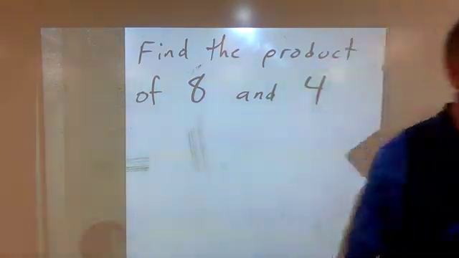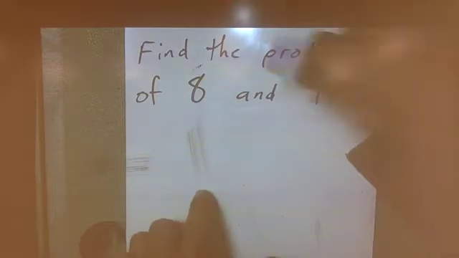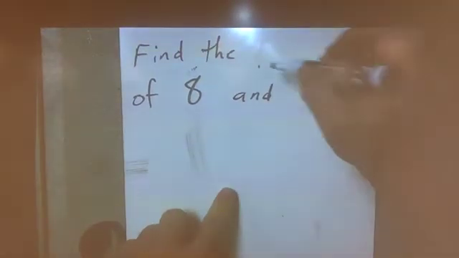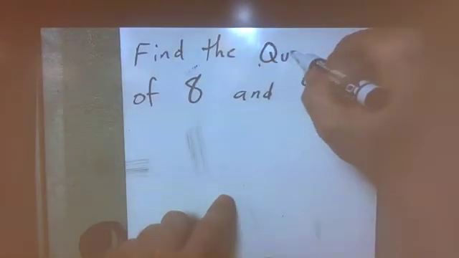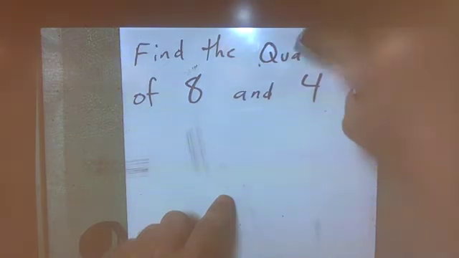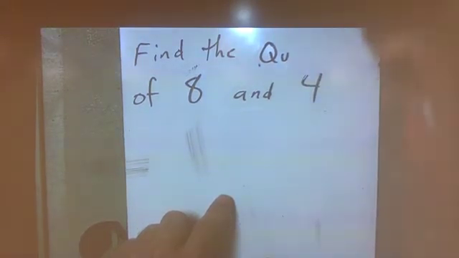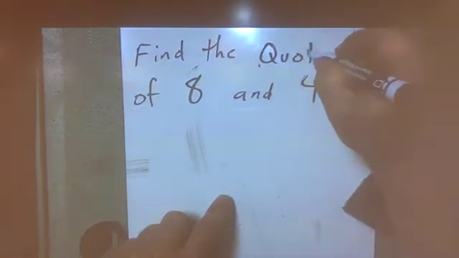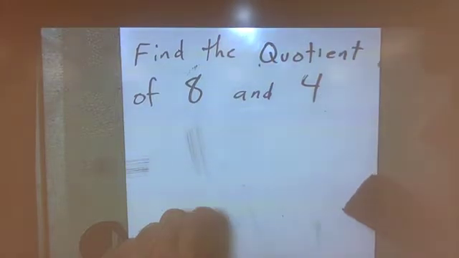This is where it gets tricky, is when they use the word quotient. I just told you, if you might remember from less than a minute ago, that quotient means the answer to a division problem.